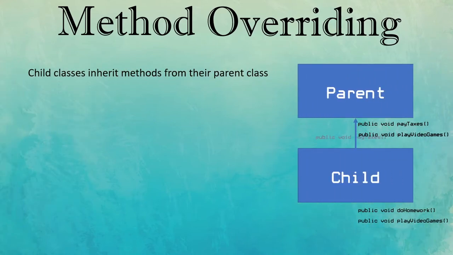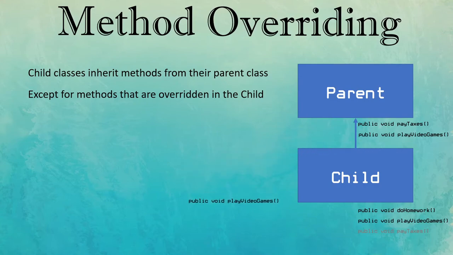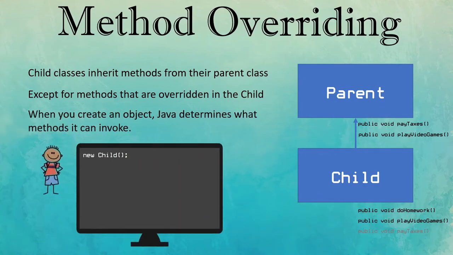Child classes inherit methods from their parent class, except for methods that are overridden in the child. When you create an object, Java determines what methods it can invoke. A child can do homework, play video games, and pay taxes. And when a child plays video games, it specifically plays Fortnite, even though its parent plays Pac-Man.